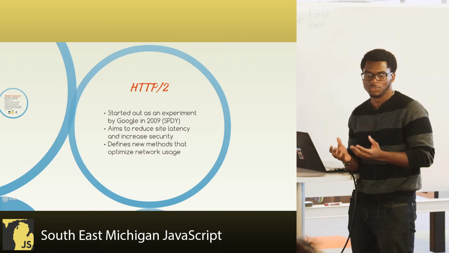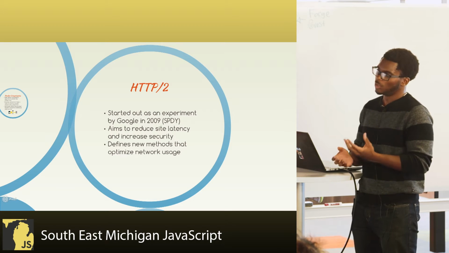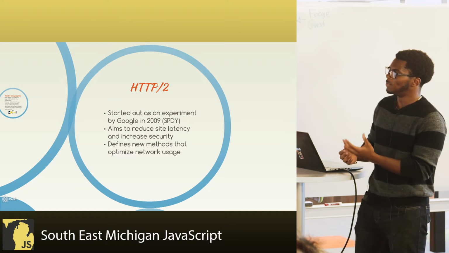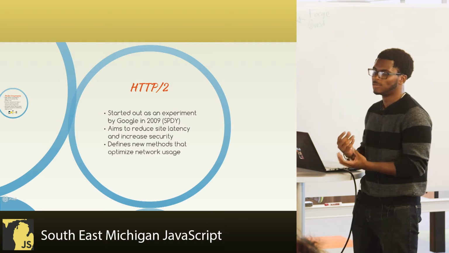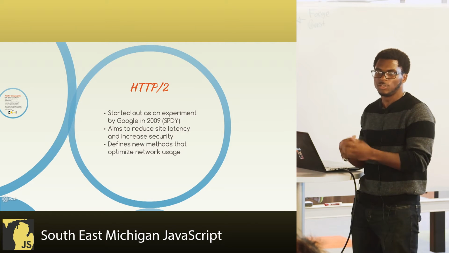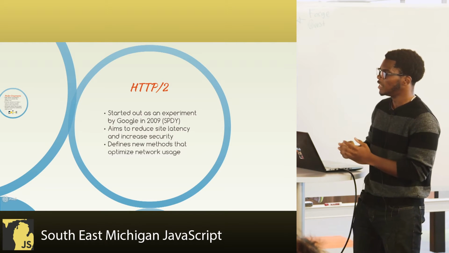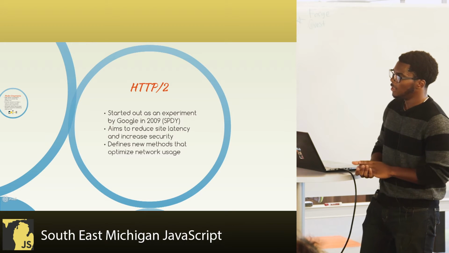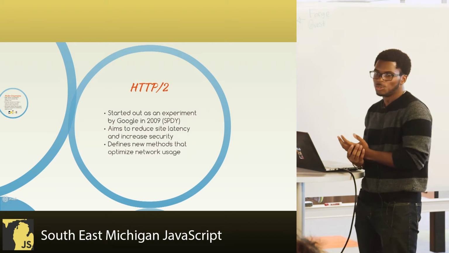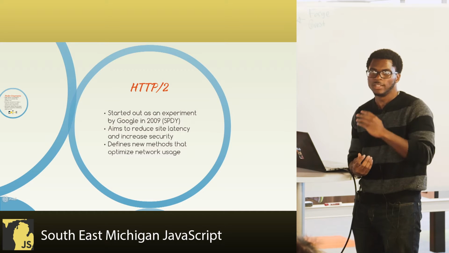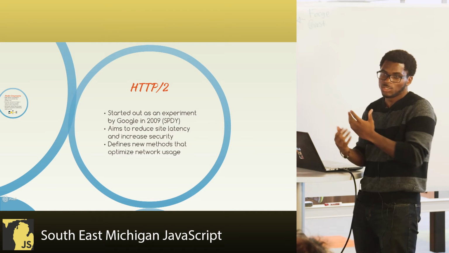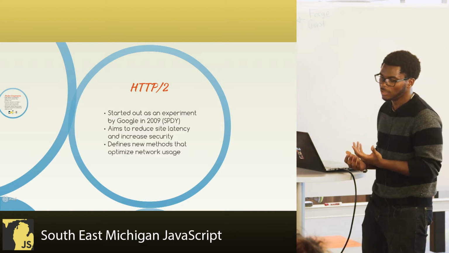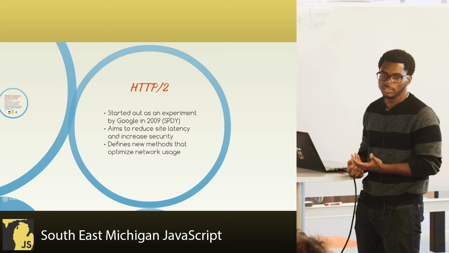They experimented with different methods and different protocols to speed up the traffic between client and browser, to see if they could increase the flow of traffic and decrease overhead. They tried to reduce site latency, so when you load a page, it loads as quick as possible without having to send too much metadata if it's not needed.